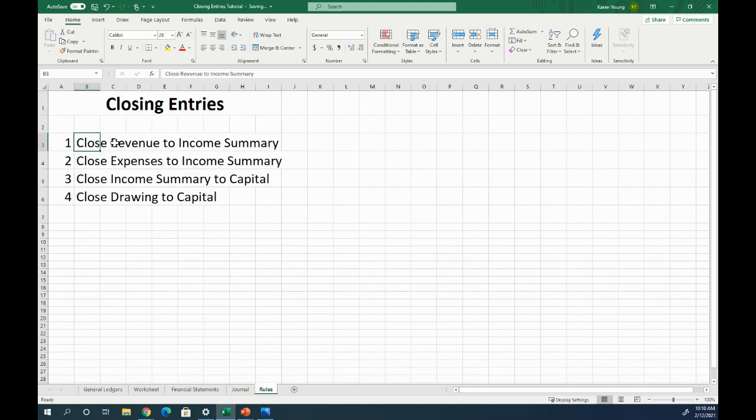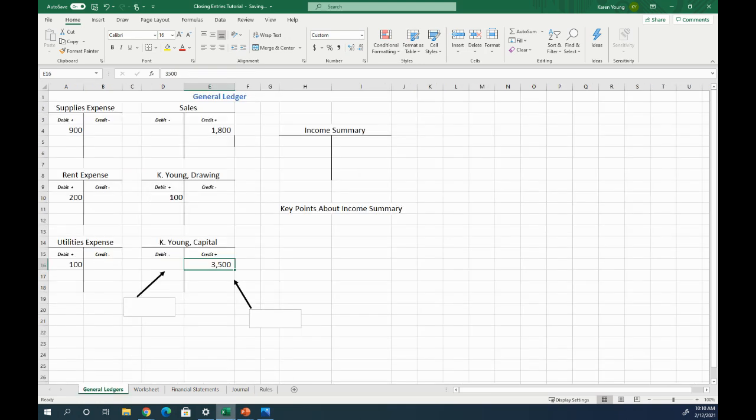So closing entry number 1 says, close revenue to income summary. Let's do that first. I'm going to be analyzing in T accounts before I journalize. Here's my revenue account. It's sitting here with an $1,800 credit balance.